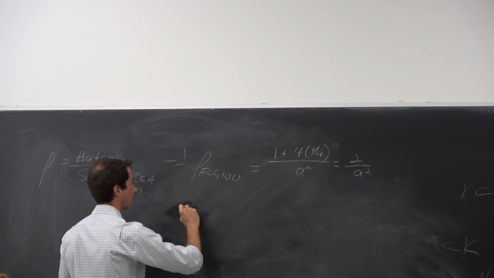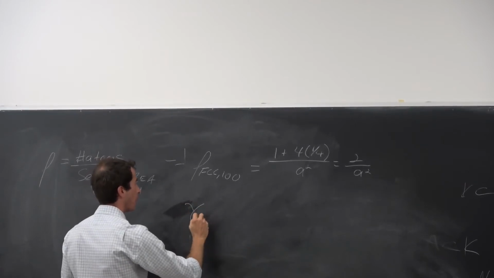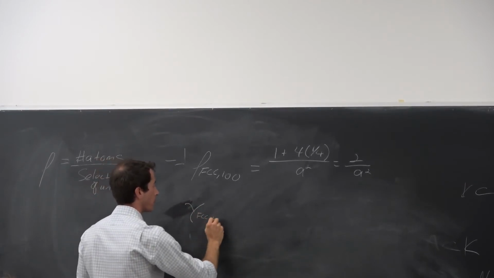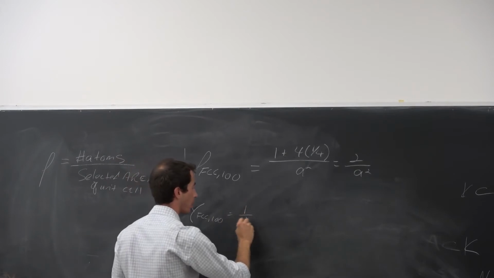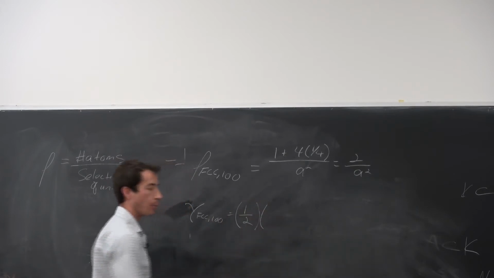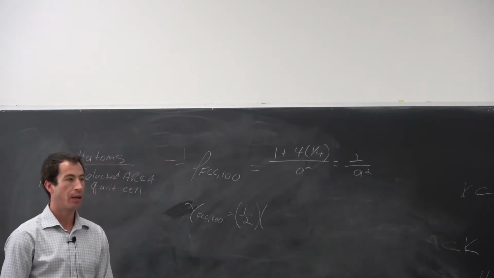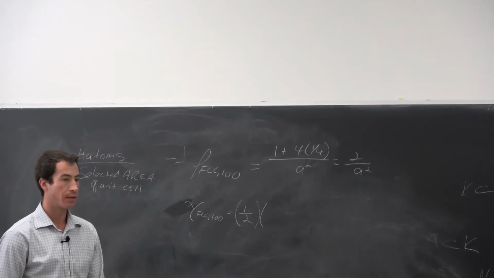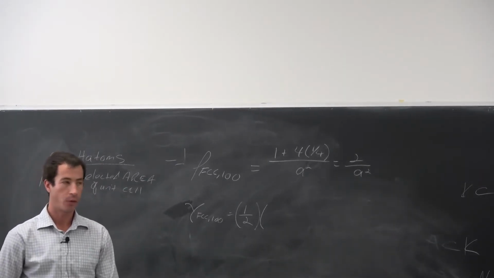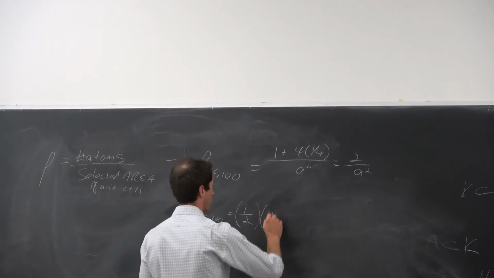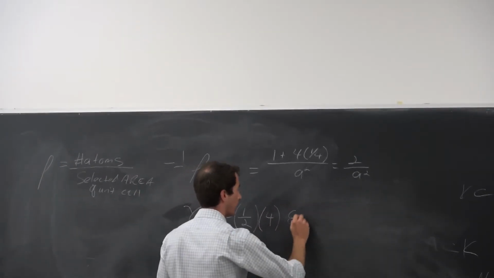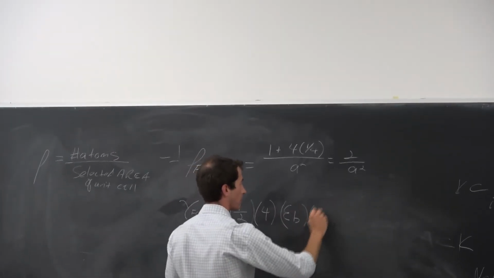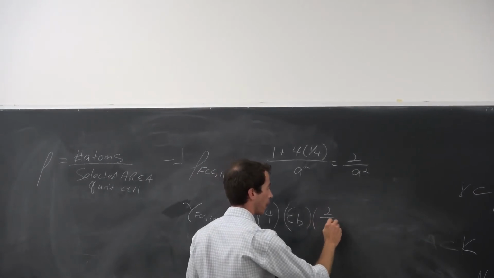Now, what about our surface energy expression? God, I cannot make that little gamma to save my life. FCC 100 equals 1/2 times number of bonds broken. Here we said is 4 times our binding energy times 2 over A squared.